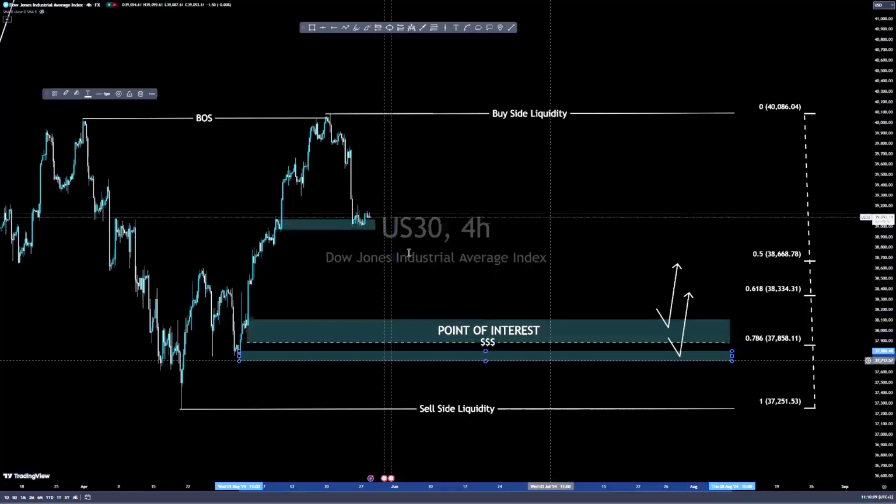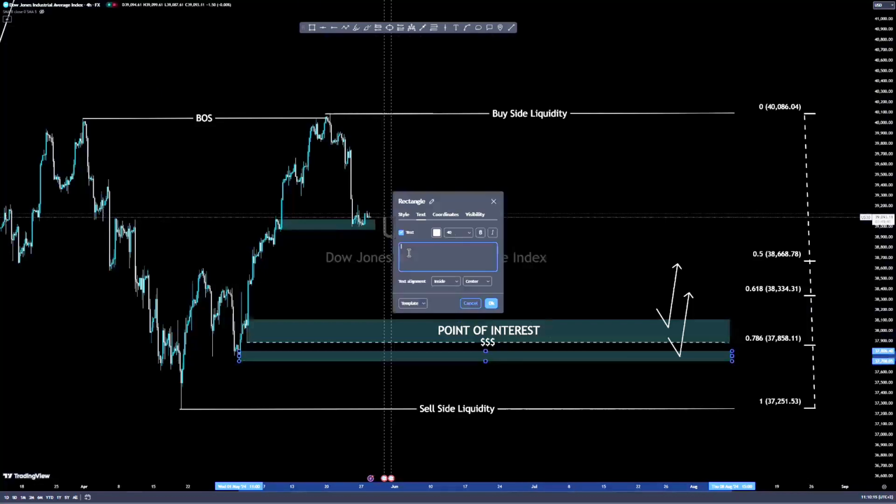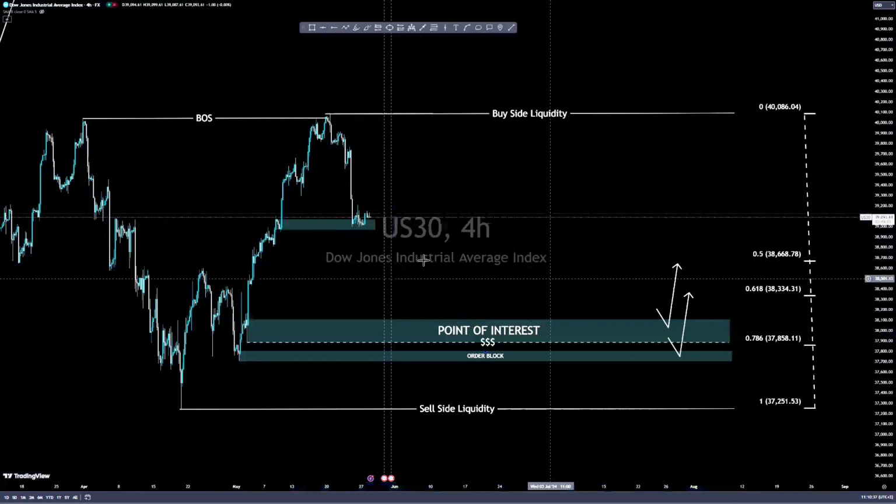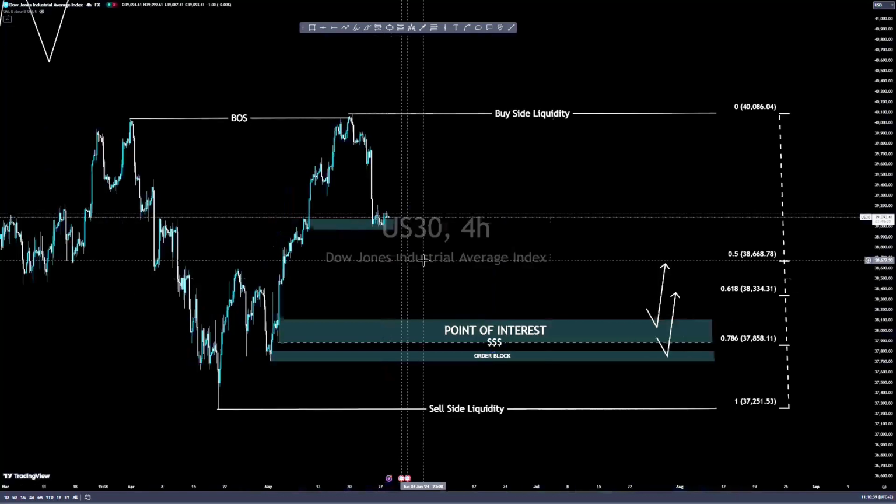Let me just reduce the font so you can see it properly. That's all for now.